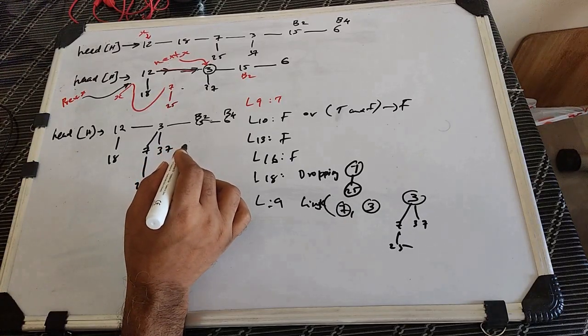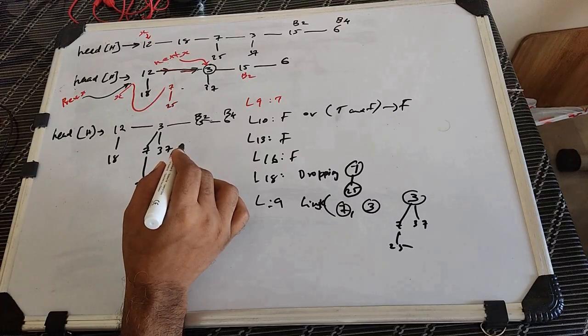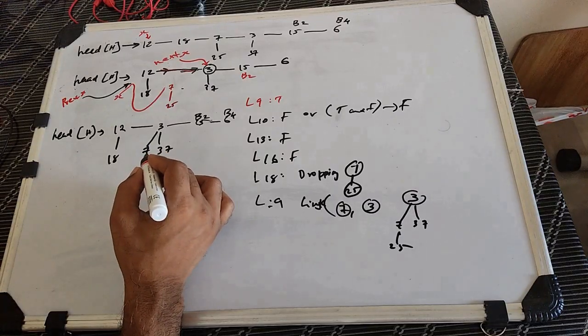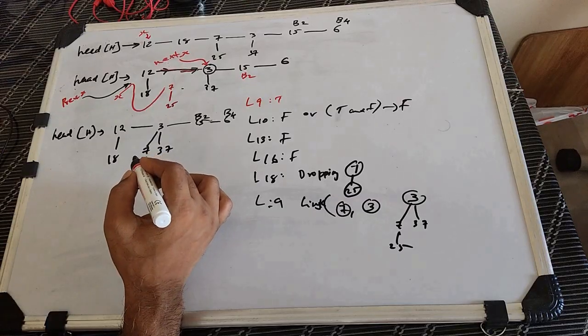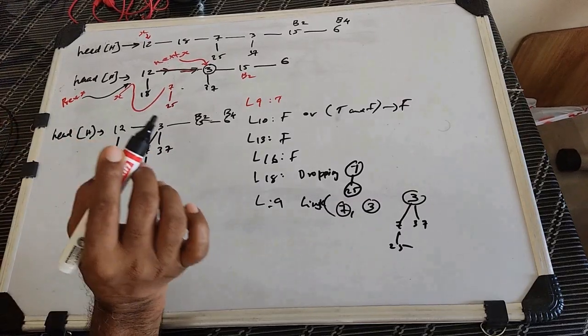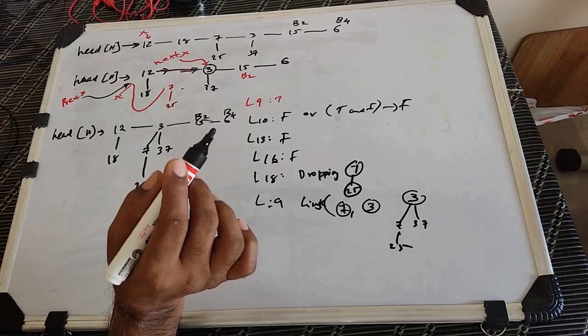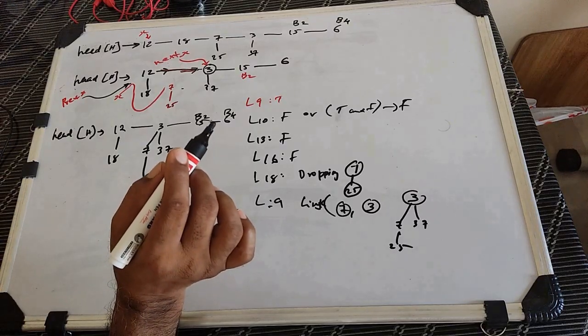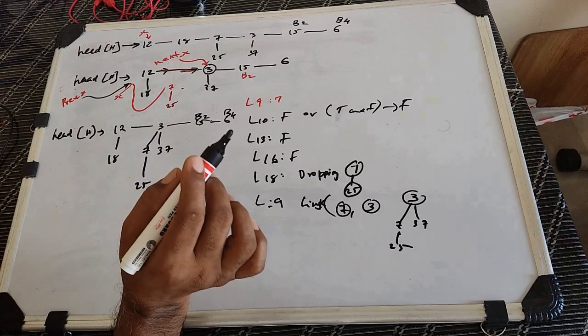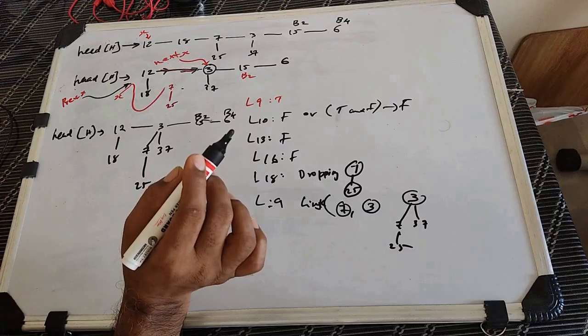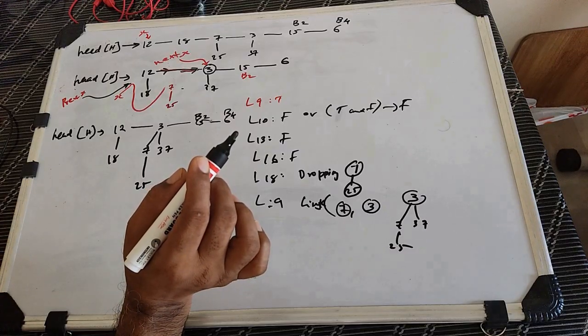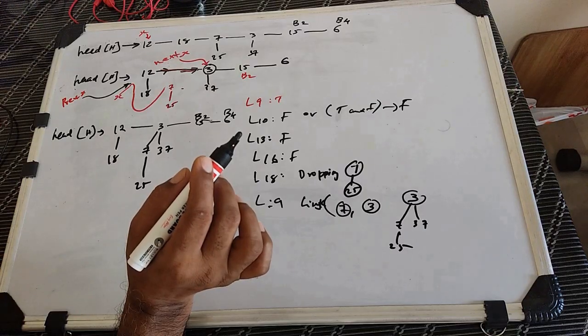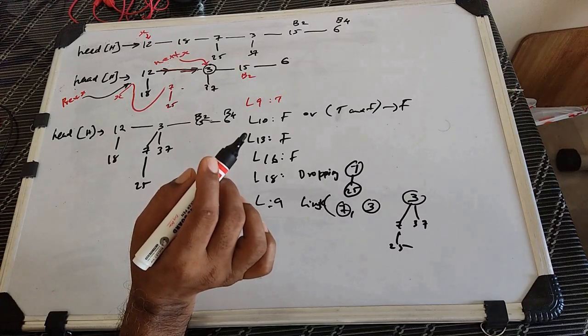next x is 3 now. Okay, x is 7. Okay, then link. So after line number 19, we have done the link.